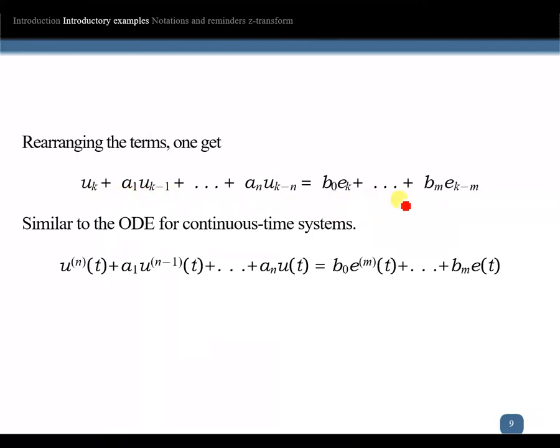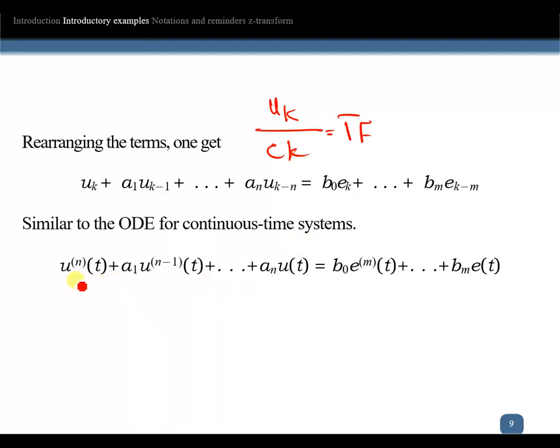You can find b(k), and obviously if you want to find the transfer function, you must find the output divided by input. Output means u(k) divided by e(k). You can find the transfer function of my system. Here it is similar to the continuous time domain.